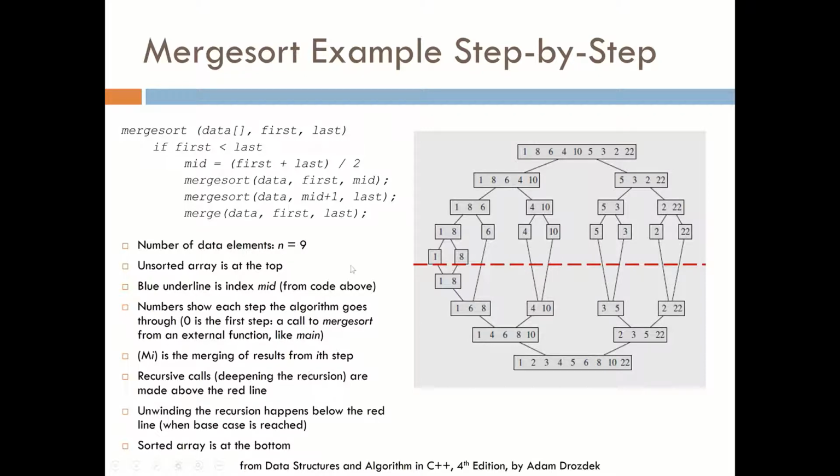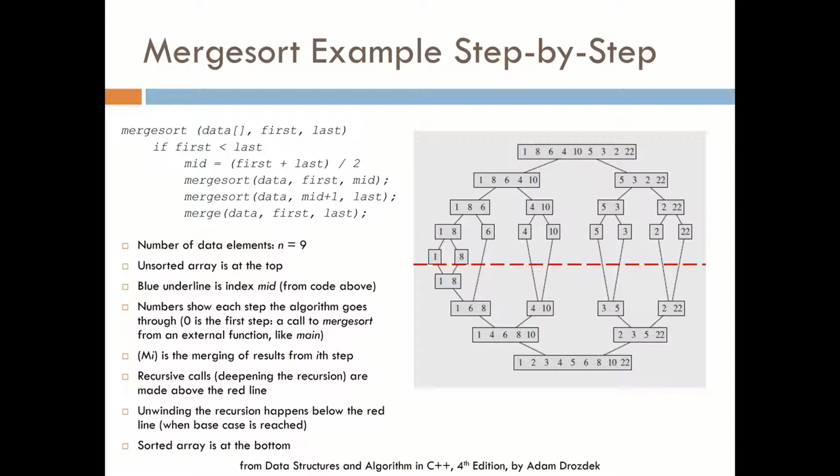Recursive calls, which is a deepening of the recursion, take place above the line, and below the red line is the unwinding of the recursion as the various base cases are reached, or as the function actually terminates.